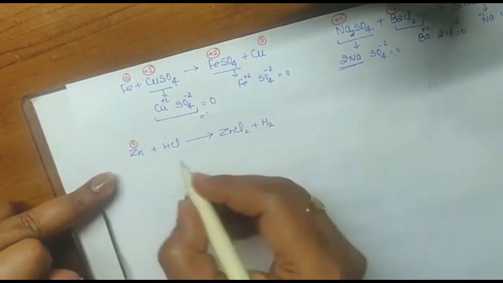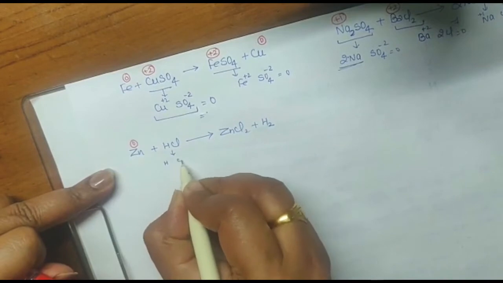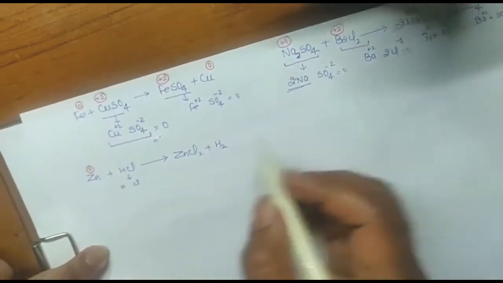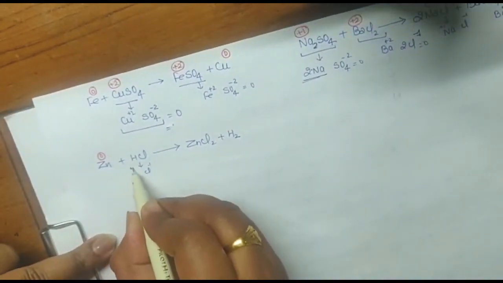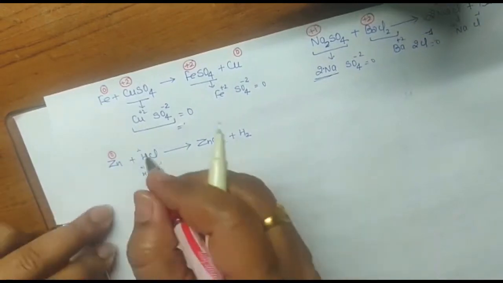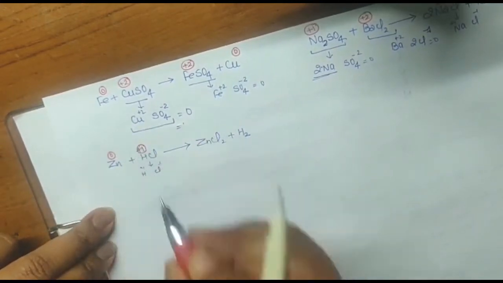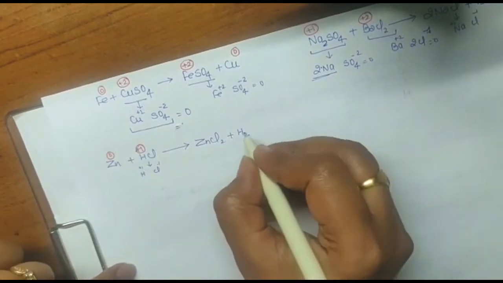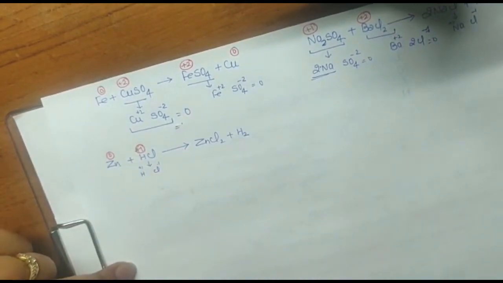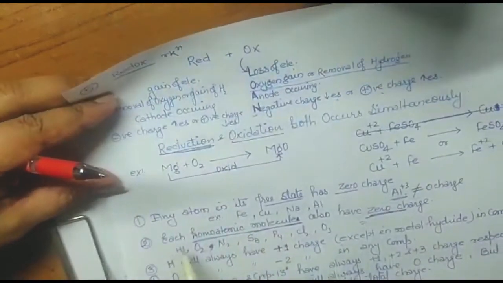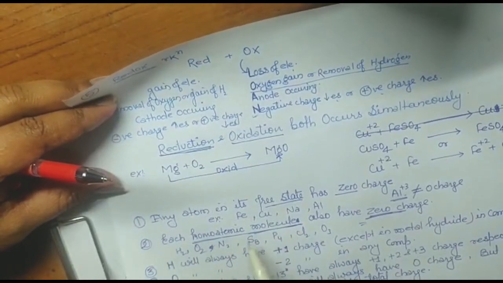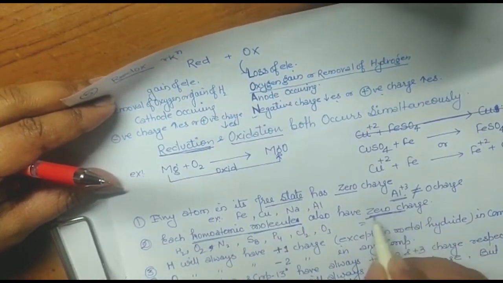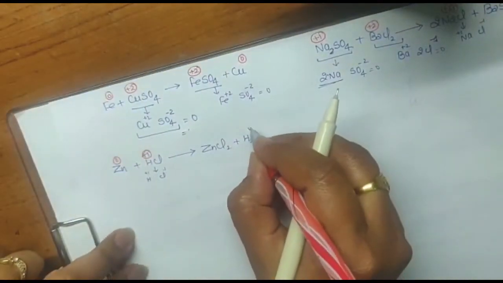This HCl is made up of H and Cl, and Cl is always -1 charge, so H will have +1. In the next case this is H2, what is it? Homoatomic molecule. The second point I told you: each homoatomic molecule also has 0 charge, so H2 will have 0 charge.